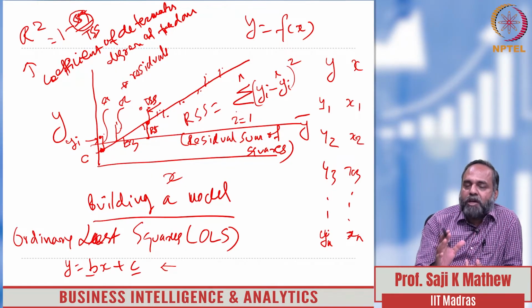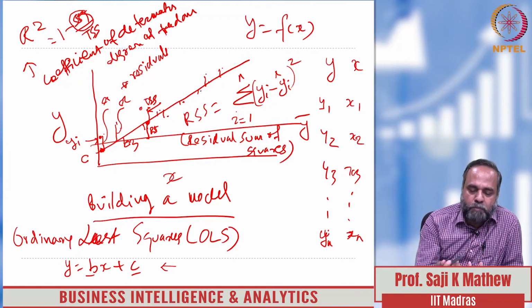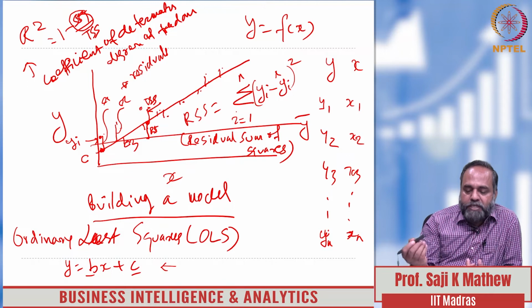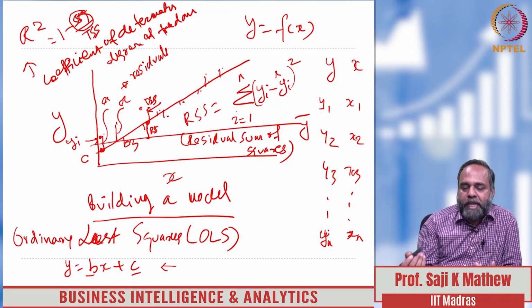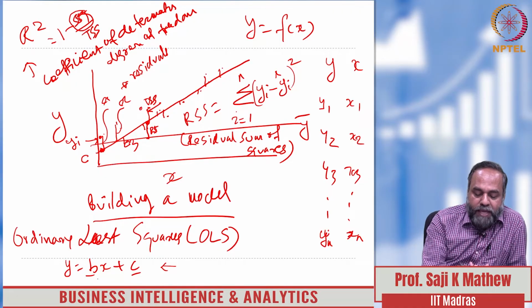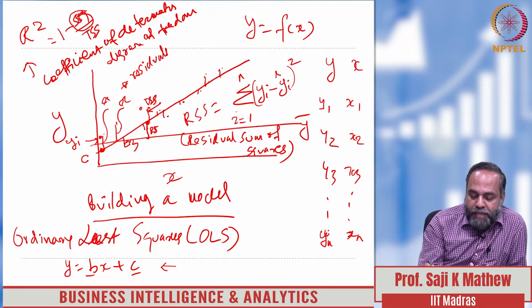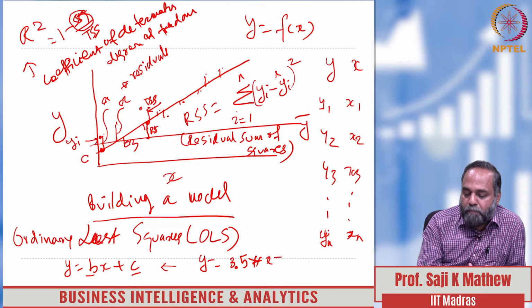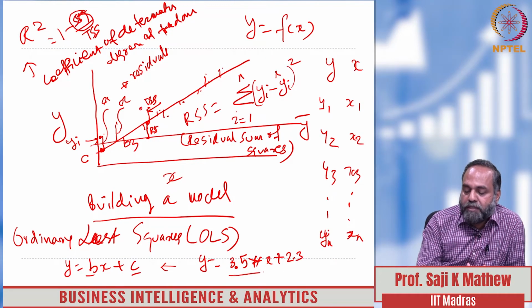I am not getting into the data analysis part, which is a prerequisite for this course. But having built a model from data, how do you interpret this? We are saying y is a function of x, or say the model is estimated as y equals 3.5 x plus 2.3. This is a model.